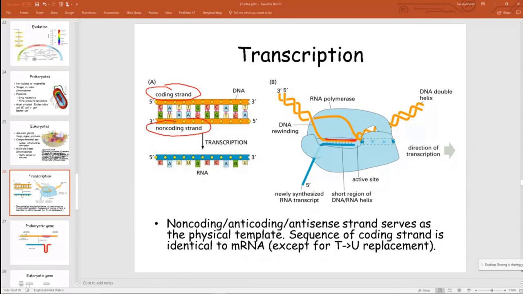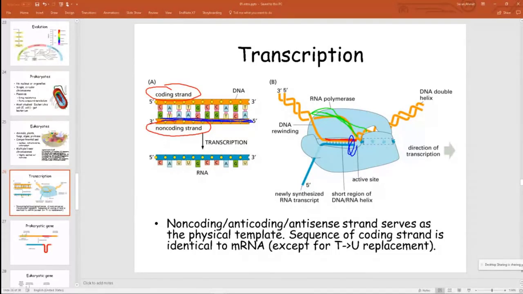So this one right here is the non-coding strand. Okay, the coding strand is not used, just hanging out here. But because of the complementarity in RNA transcription, the nucleotides that are being produced on the RNA will be complementary to the non-coding strand.